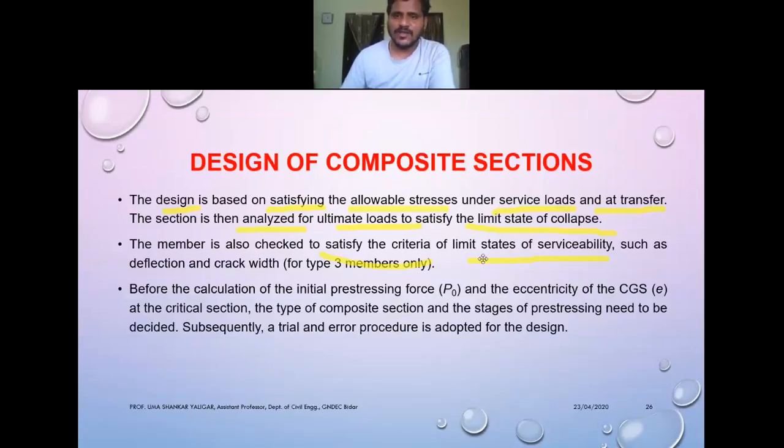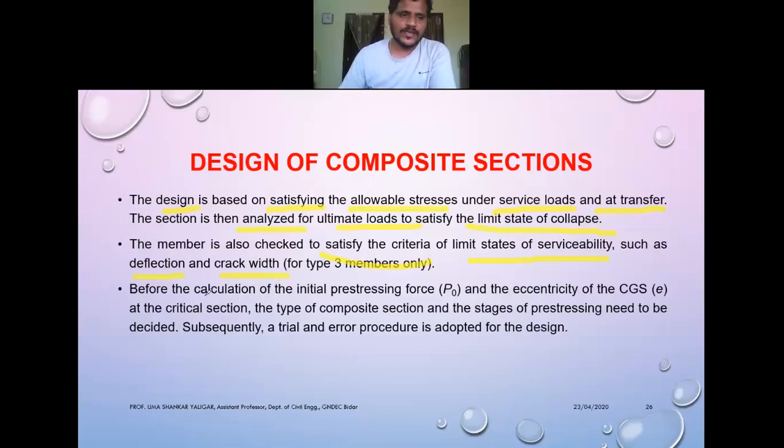We need to check for the limit state of serviceability. What is the limit state of serviceability? We need to look at the deflection and also the crack width in the case of type 3 members. These things we need to take care of whenever we are designing a composite beam.